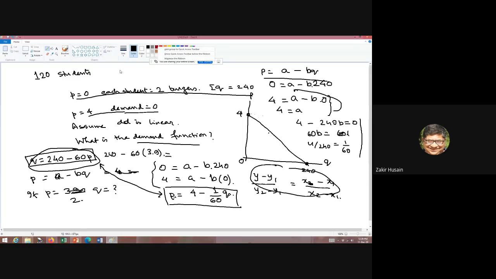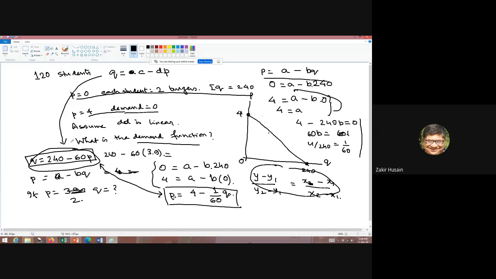Now, instead of writing in this way, I could have also written Q equal to C minus dP.